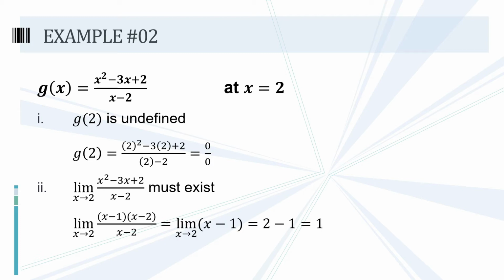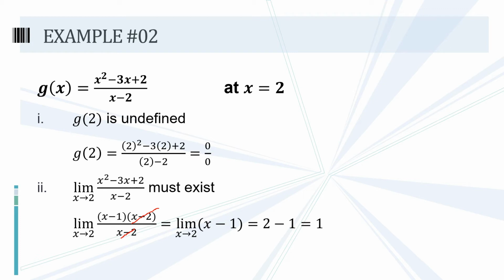So kapag finactor out natin yung taas, okay, magiging x minus 1 times x minus 2. So pwede lang nating tanggalin ito. Magiging limit of x minus 1 as x approaches 2.